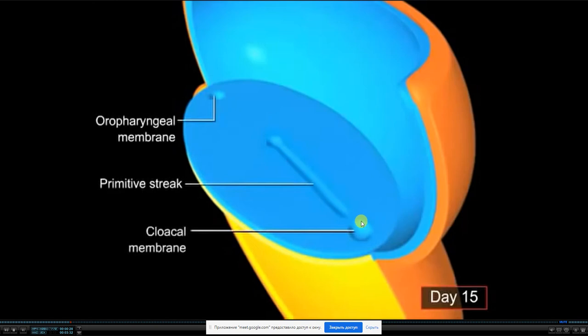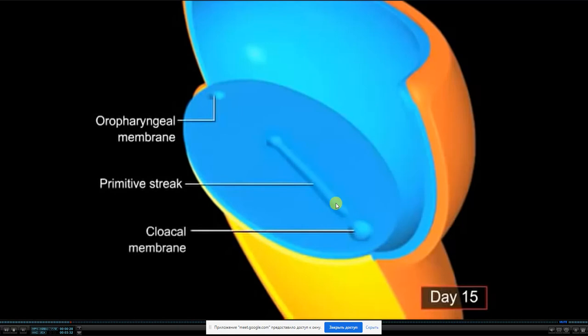In reptiles and birds, we don't have separation of the genitourinary tract and the digestive tract. They are thrown into one common system, which is known as the cloaca. All wastes present in the body are removed through the cloaca. Here we have the cloacal membrane, from which it forms.